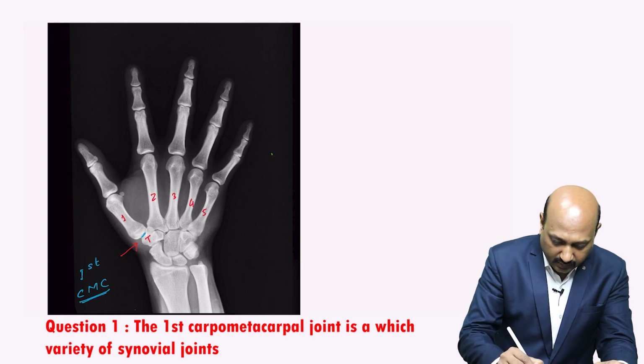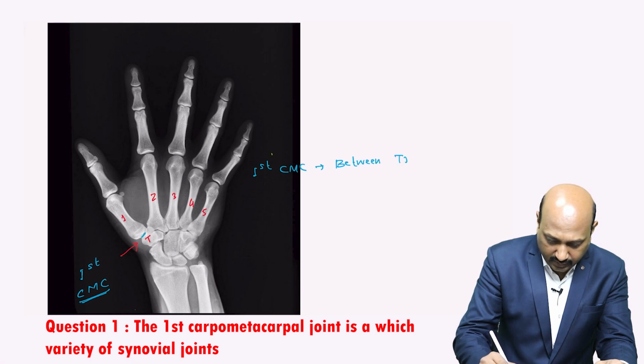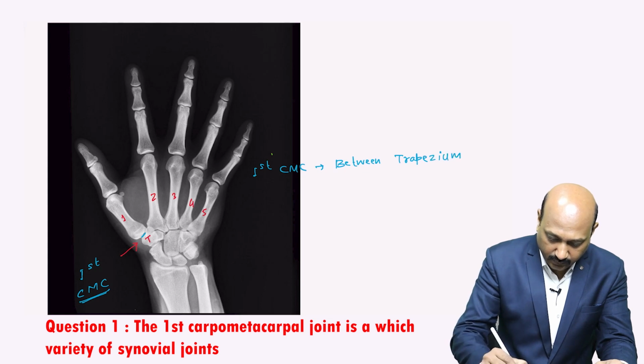It is a joint between which two bones? Between the trapezium, which is proximal, and the base of the first metacarpal.